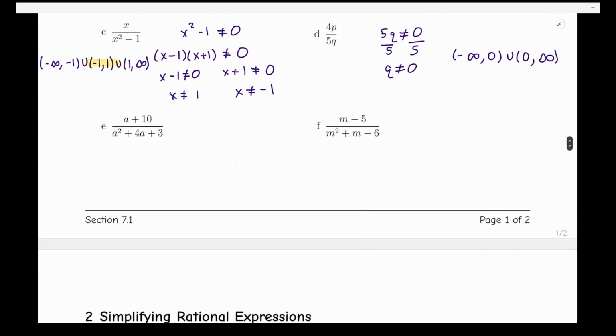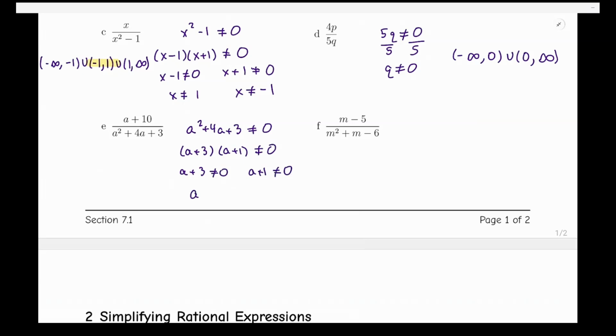Part E, a plus 10 over a squared plus 4a plus 3. So we get a squared plus 4a plus 3 cannot equal 0. Now we can factor that into a plus 3 times a plus 1 cannot equal 0, which means a plus 3 cannot equal 0, and a plus 1 cannot equal 0.